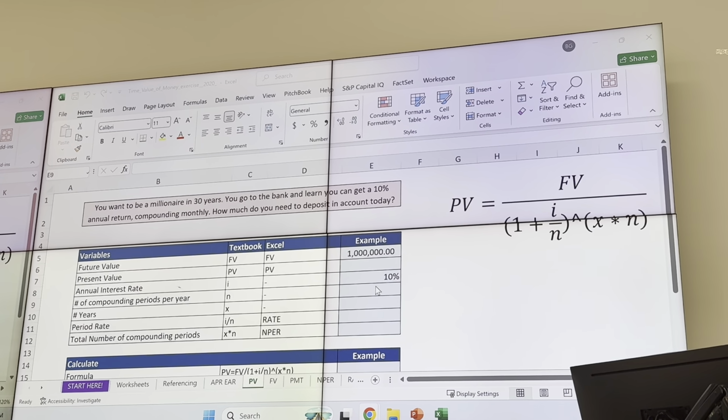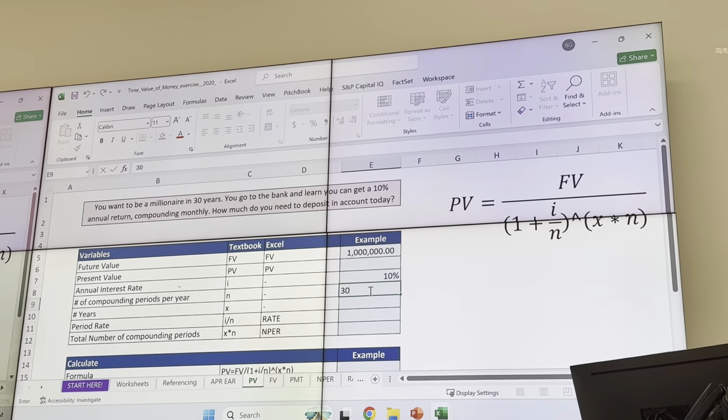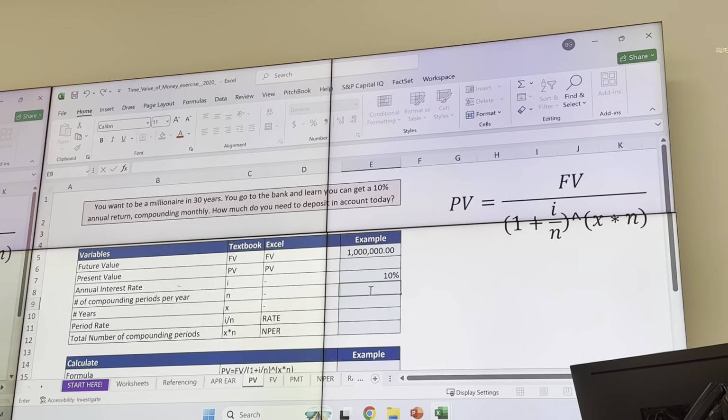So it is compounding monthly, right? Number of years, 30 years. Sorry, number of compounding is 12.